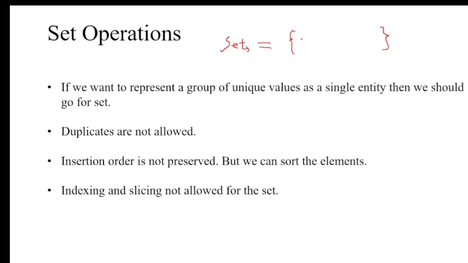And then we have the values for our set. We can have 2, 3, 4, 5, and let's say 6. So this is my set. We have curly braces, and each value is separated by a comma. That is how we create the sets.